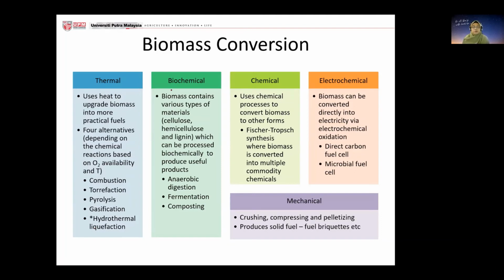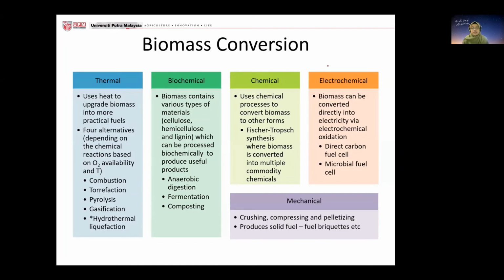And then for the biochemical route, although in biomass you can have many sources, in general, especially plant biomass, it contains 3 major components, which are cellulose, hemicellulose, and lignin. These components can be processed biochemically to produce useful products.